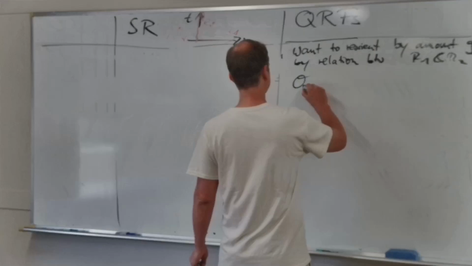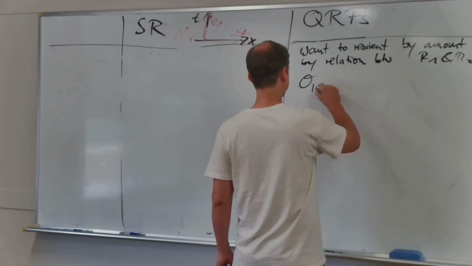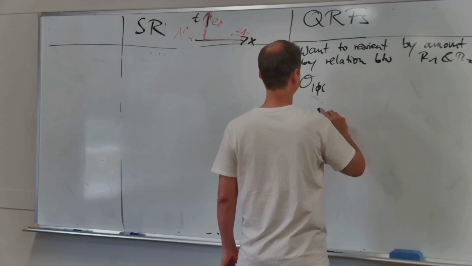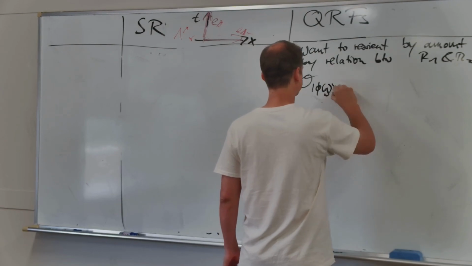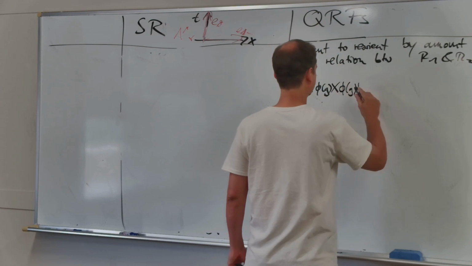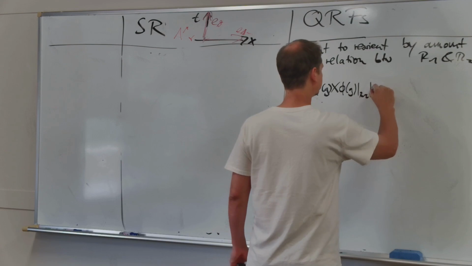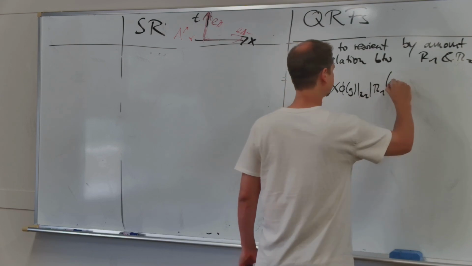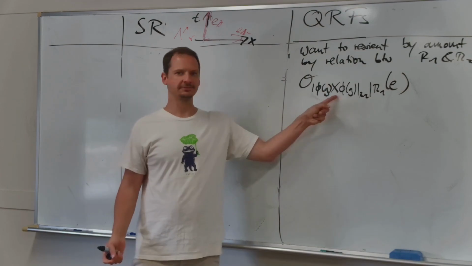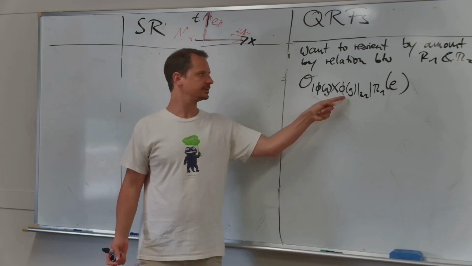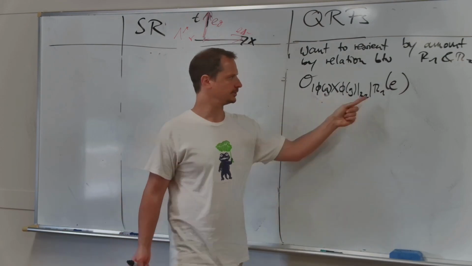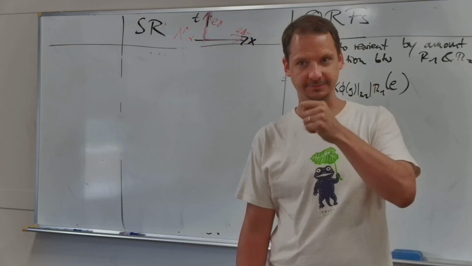So let me write it like this: R2 relative to R1 of E. I'm inserting the second reference frame into the relational observable, the conditioning on the orientation, and I want to describe that relative to the first reference frame.